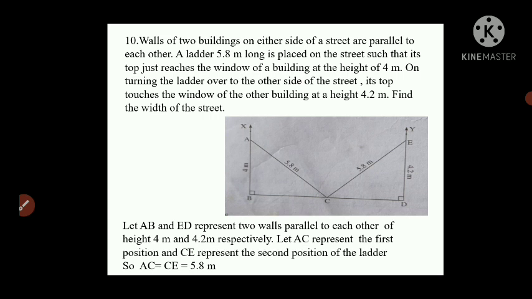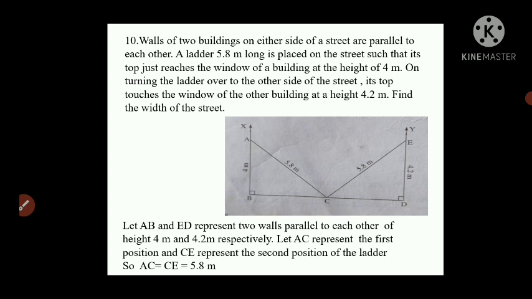So that means, see the diagram, let AB and ED be the two walls. These are the two walls which are parallel to each other, and the height of the first building wall is 4 meter and the second is 4.2 meter.